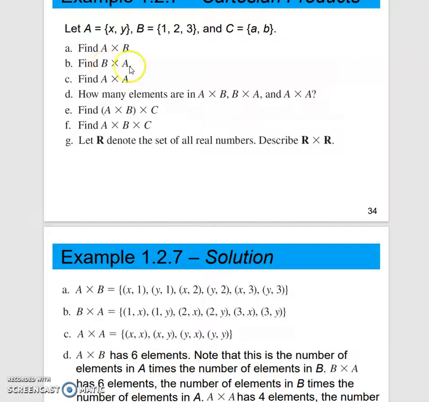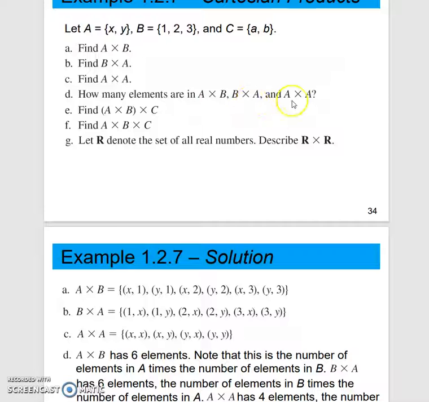So if I have B cross A, I'm still using all of B and all of A, but now the B values come first. So (1, x), (1, y), (2, x), (2, y), and (3, x), (3, y). We can take a set cross itself, so A cross A, and that would be (x, x), (x, y), (y, x), and (y, y).